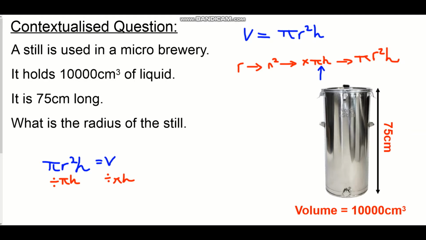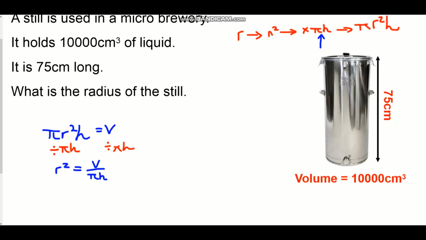So when I divide by pi h, I get that r squared on its own is equal to the volume divided by pi times h. If I want to find r on its own, I need to undo the squared. So I'm going to square root on both sides.